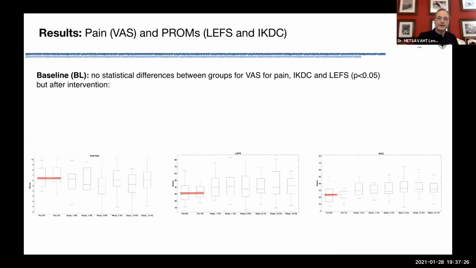And we could see in the study that at baseline, no statistical differences between the groups were perceived, even for pain, for IKDC and LEFs.